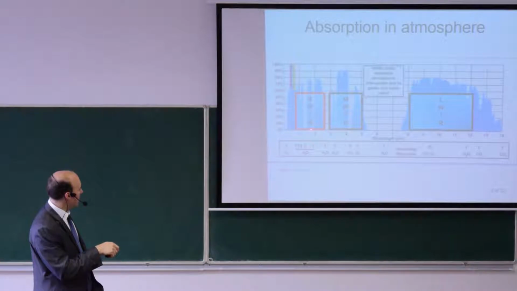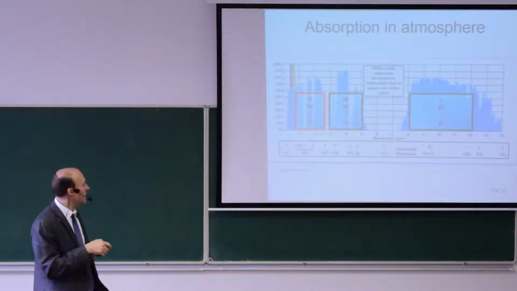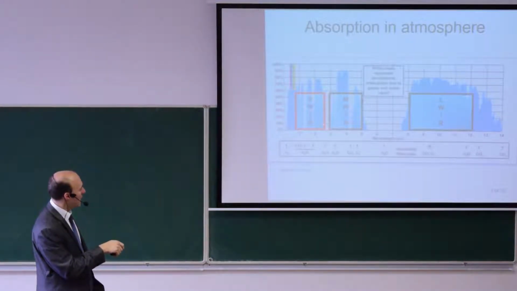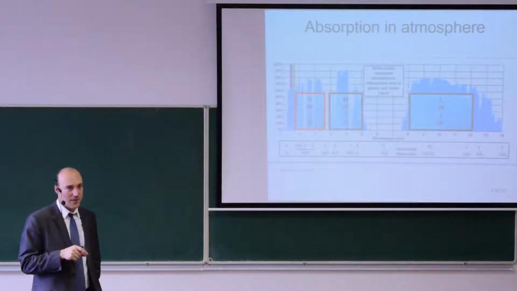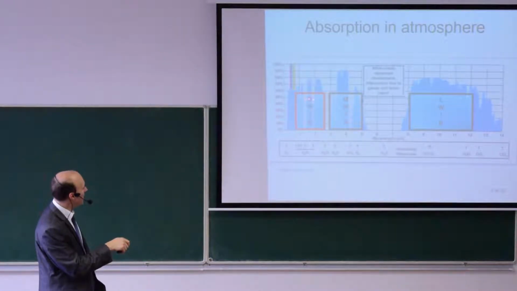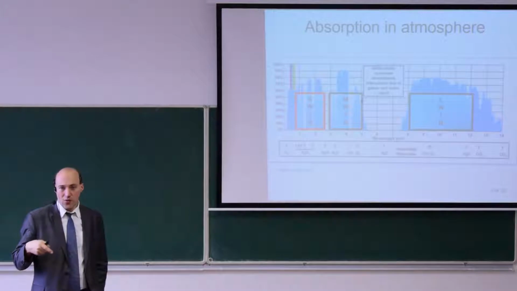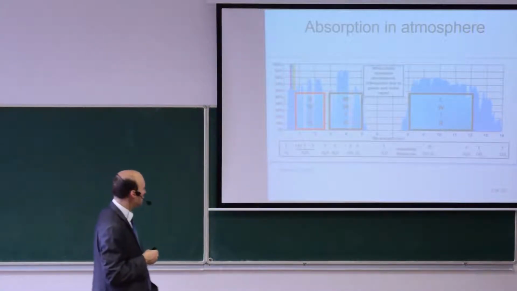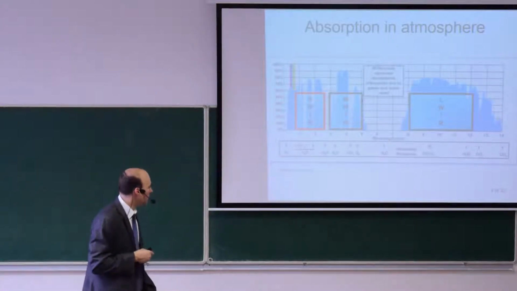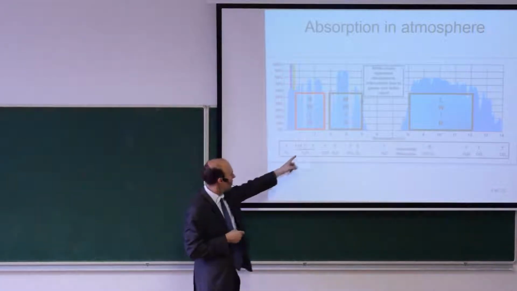The wavelength is somewhere between, you see here, this is the visible spectrum, so this is roughly 700 nanometers up to, let's say, 2.8 micrometers. You can see that we still have some areas where we have significant absorption, especially for water vapors here.